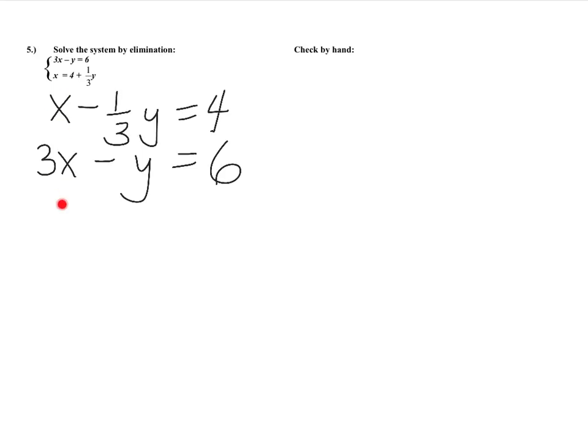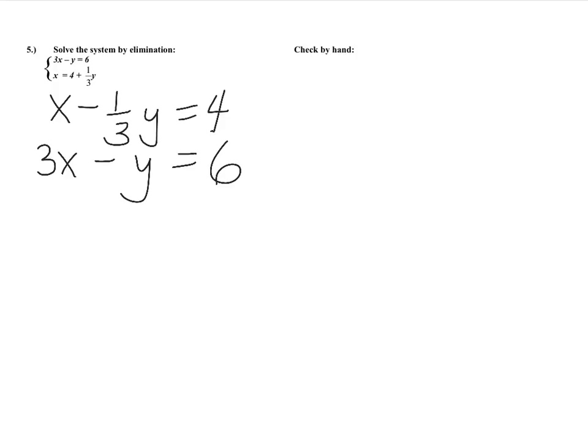If I want to eliminate the x's, I'm going to multiply the whole thing by negative 3, because if you multiply this by negative 3, you're going to get positive 1. Easiest thing to do, get rid of the x's.